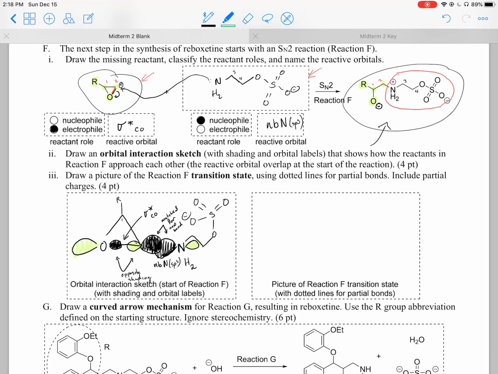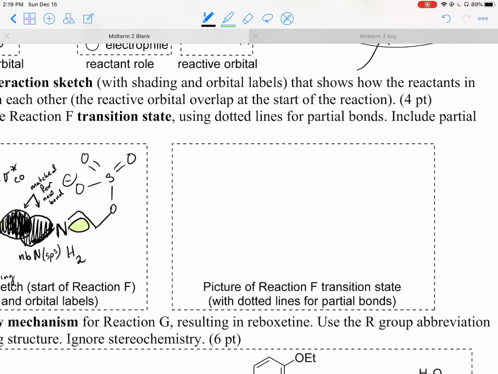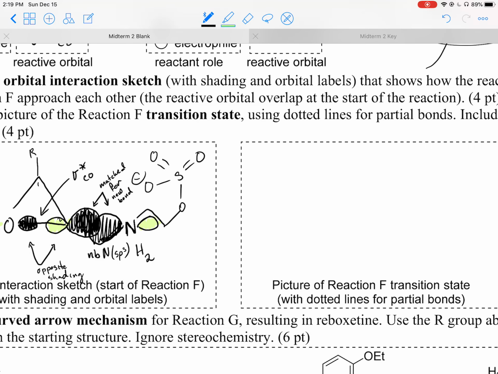Now we're going to draw the transition state with dotted lines for partial bonds. As you remember, or should remember, if it's a dashed line, that means it's a new bond forming or breaking. And we want to make those bonds longer than the normal bonds.